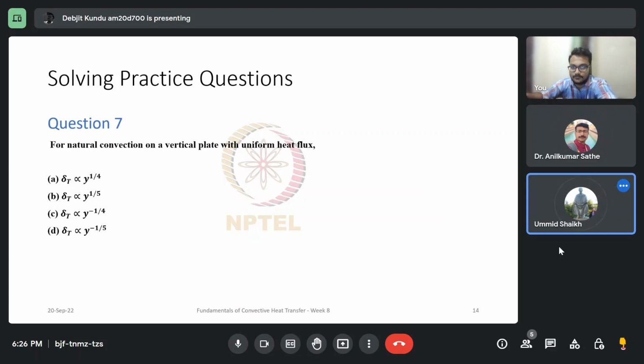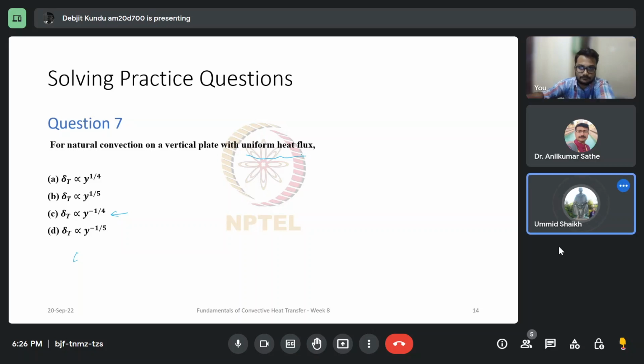So is delta T, option C you are saying? C, yes. Okay. Any other option? Any other answer? No, sir, I don't have it. The heat transfer rate, heat flux, is of the order of... This is not the isothermal case. Here the heat flux is constant.